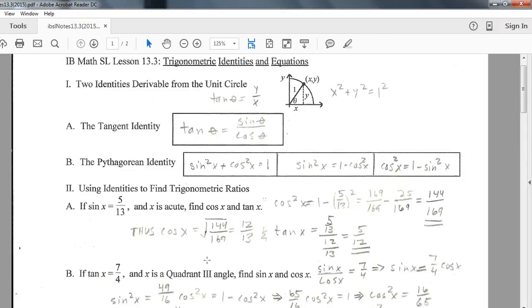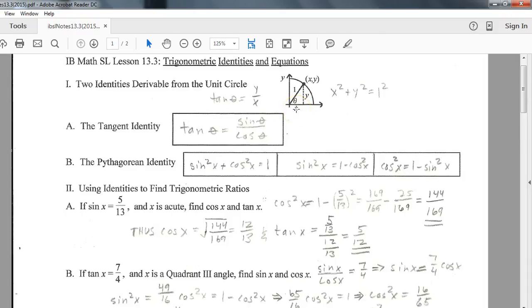But I also see students at times just use a basic right triangle. If sine is 5 over 13, remember sine is opposite over hypotenuse. So if I just created a right triangle, so let's say we're going to take the sine of theta. If I was going to do opposite over hypotenuse, then I would say opposite, so 5 over 13. And if I just used Pythagorean theorem, I would figure out that this leg is 12.